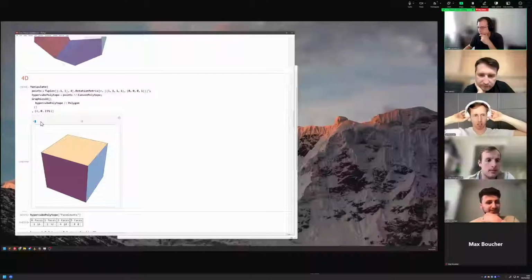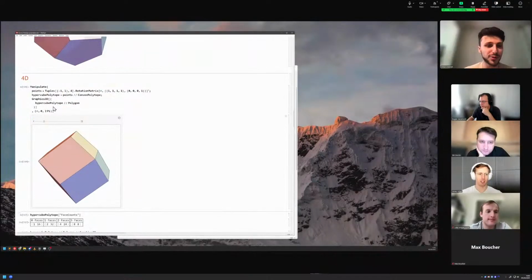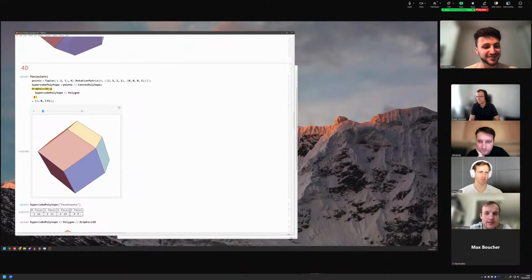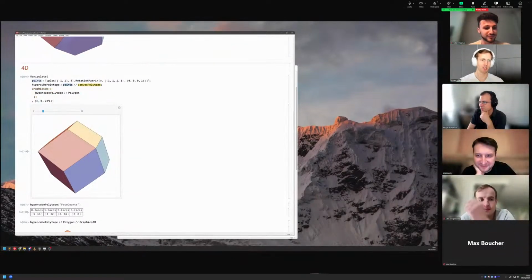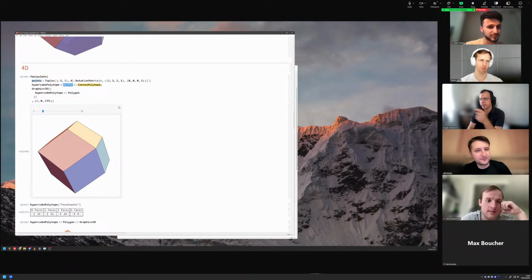I love seeing your programming style. You're a big postfix user. Yeah, I love postfix. Can you explain that for people that need it? Postfix is where you write the function to the right of the object you're feeding into it.